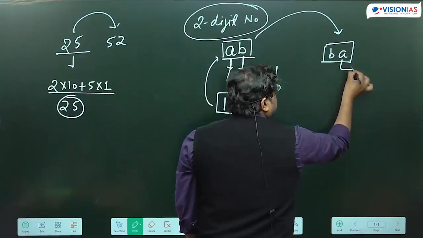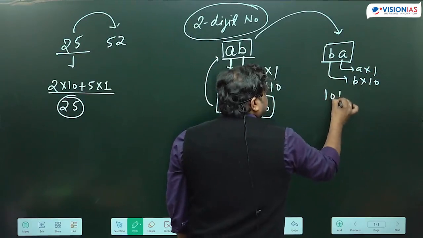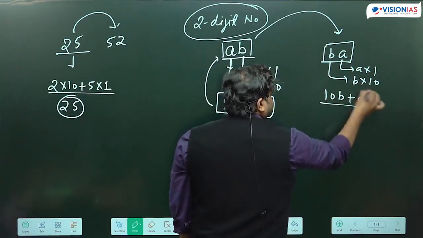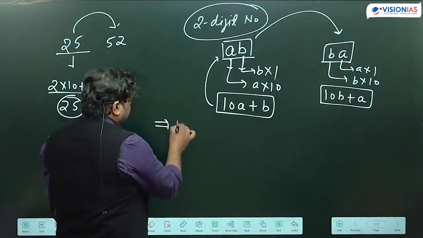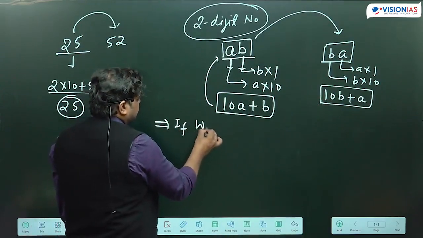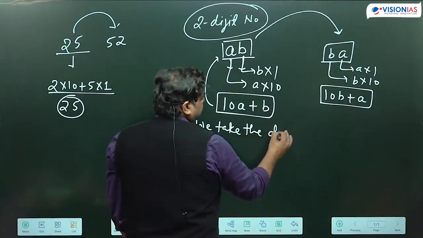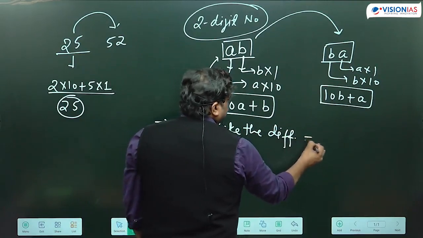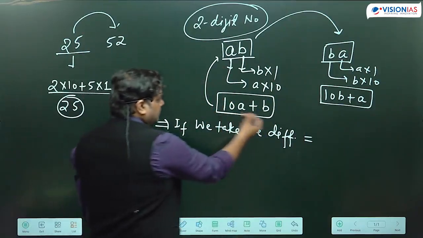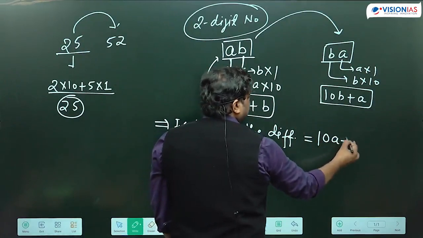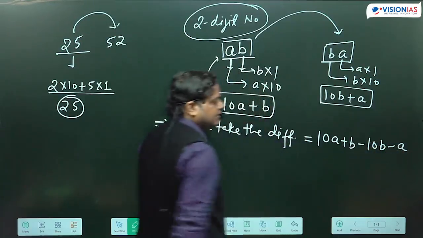What will be the place value? 10B plus A. If we take the difference of these two numbers in terms of place values, तो difference क्या हो जाएगा? 10A plus B minus 10B minus A. यही होगा.